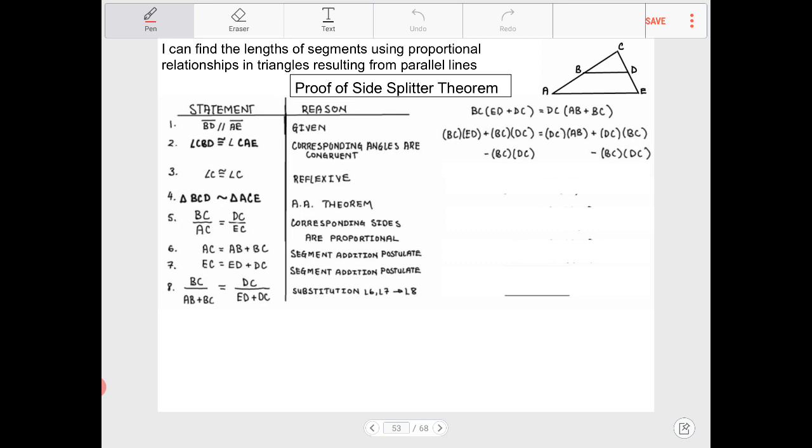So if I subtract them, what will I end up with? I'm going to end up with BC times ED is equal to DC times AB. Look, I'm getting really close to the side splitter theorem. If I divide both sides by ED, and if I divide both sides by AB, I'll end up with what the side splitter theorem was. And hence, that's the conclusion of the proof.